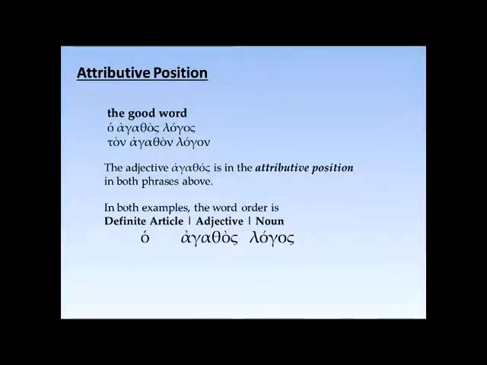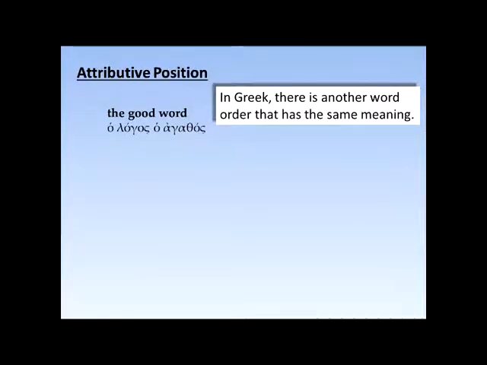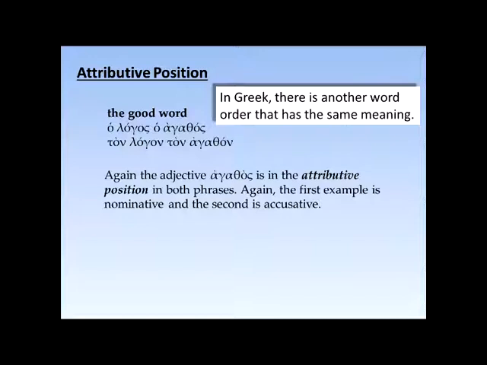Ho agathos logos. In Greek, there's another word order that has the same meaning. Ho logos ho agathos also means the good word. Ton logon ton agathon also means the good word. Again, the adjective agathos is in the attributive position in both phrases. Again, the first example is nominative and the second is accusative.